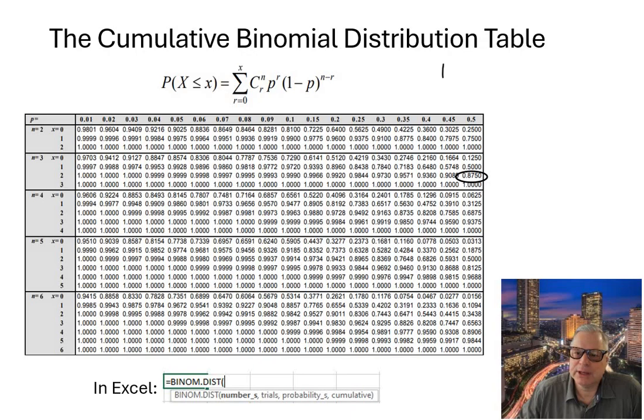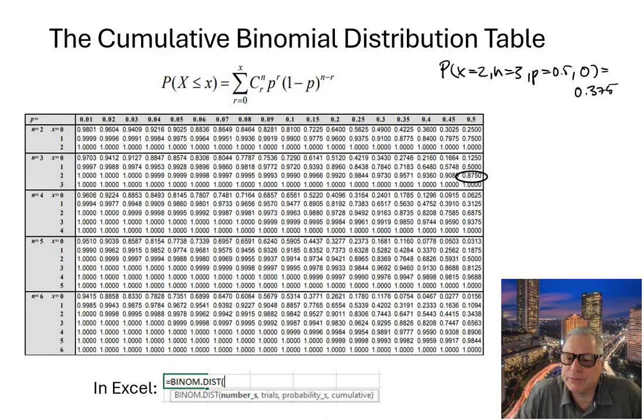So the probability that we had exactly 2 successes in 3 trials when the probability was 0.5, and it was not cumulative, so in Excel language that was a 0, that was 0.375. So we can also calculate that from this table, and you can see this would be exactly the difference between the 0.5 and the 0.875.